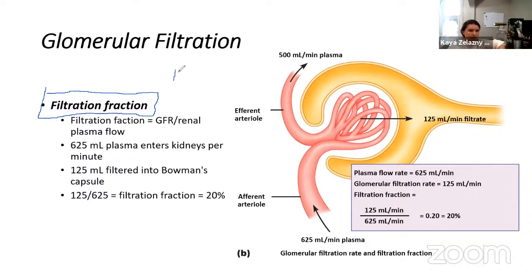We take the amount in the kidney, which is 125, and the amount that flowed to the kidney, which was 625. If you divide 125 by 625, that gives you 0.2 or 20%. So that is our typical normal filtration fraction for our kidneys under normal states.